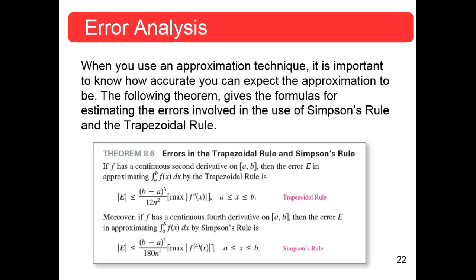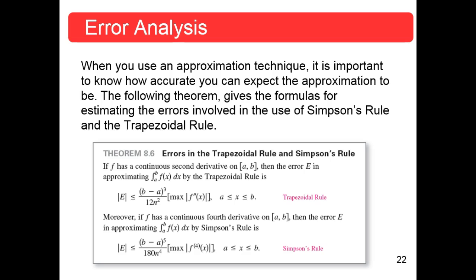But look at that denominator, 180, a bigger number, so it's going to be a smaller error, but into the fourth power, and the maximum of the fourth derivative. Our derivatives before were sine and cosine, and the absolute value of that is at most 1. So that's just going to be a 1.